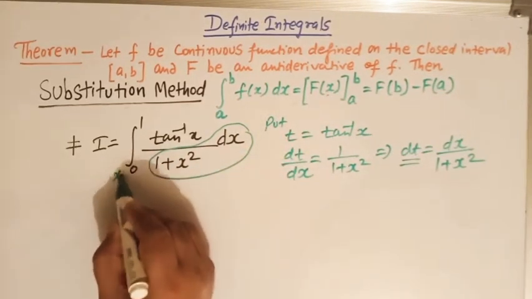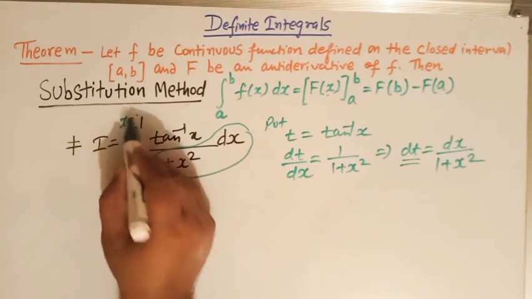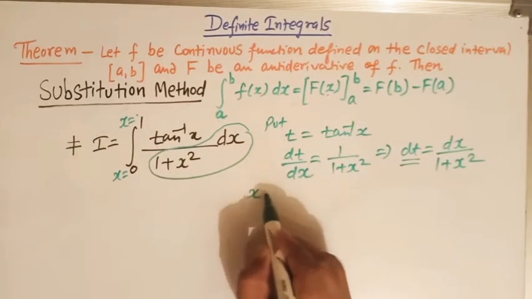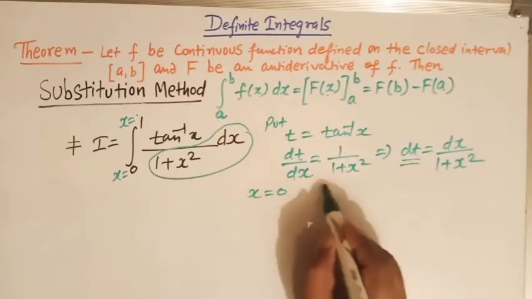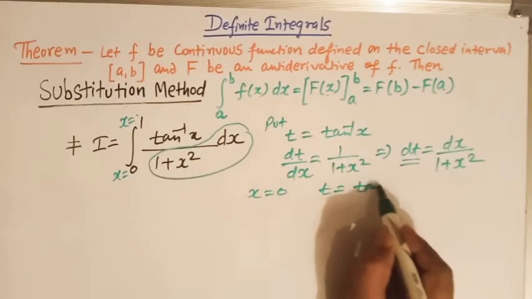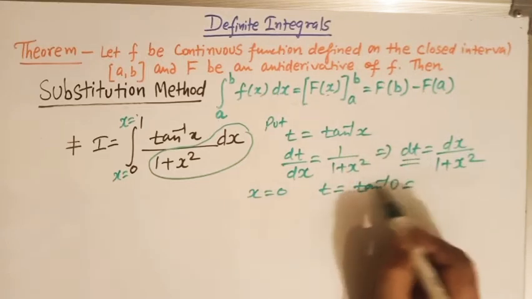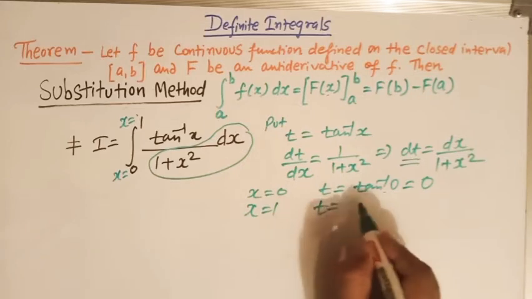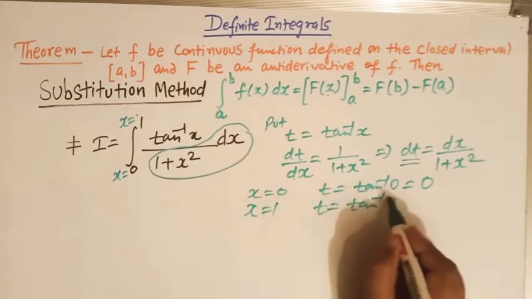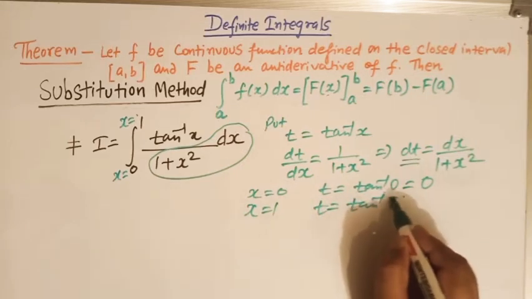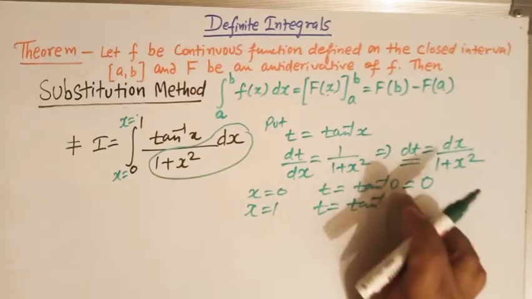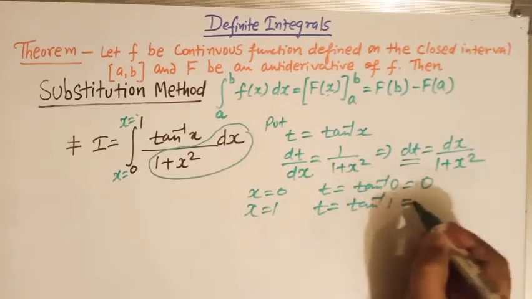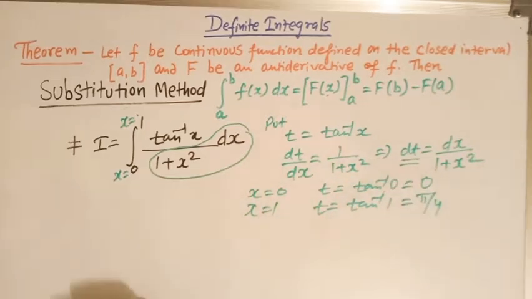Now here we have from x equal to 0 to x equal to 1. So let us change the limits also. So when x is equal to 0, t is tan inverse of 0. So tan inverse of 0 is 0, and when x is 1, we have t is equal to tan inverse of 1, and tan inverse of 1 is pi by 4, right?